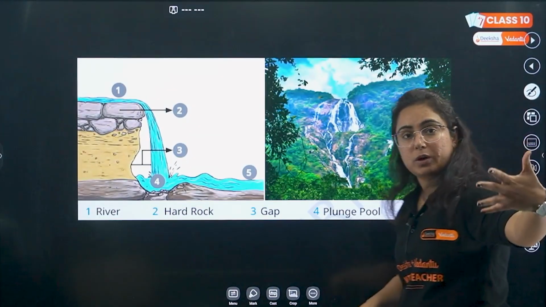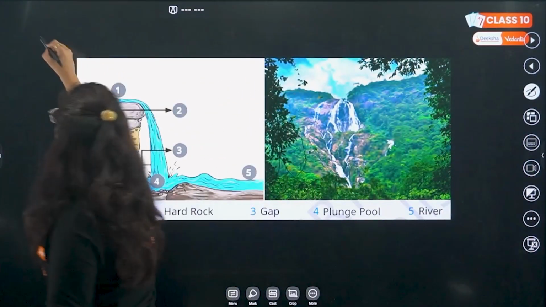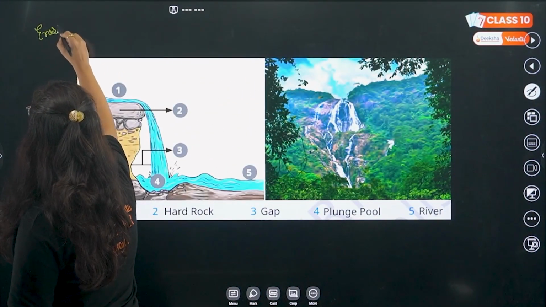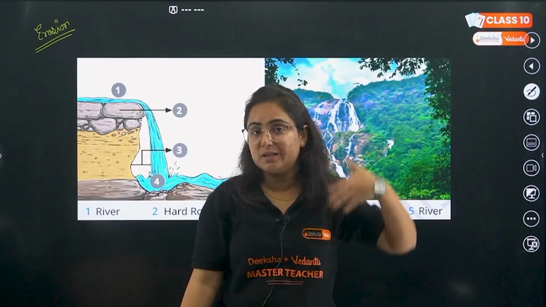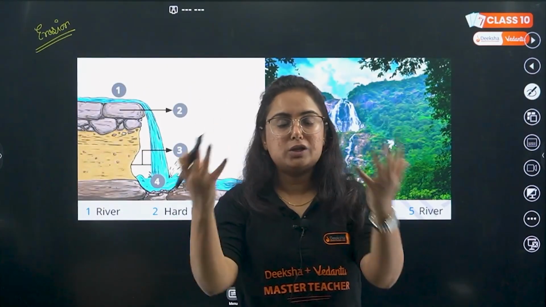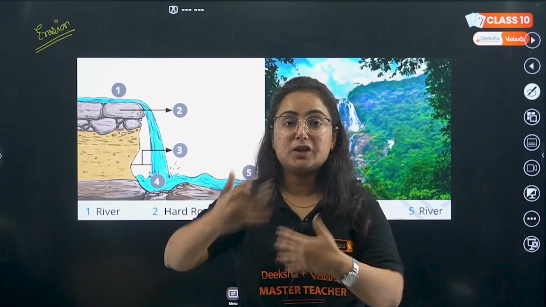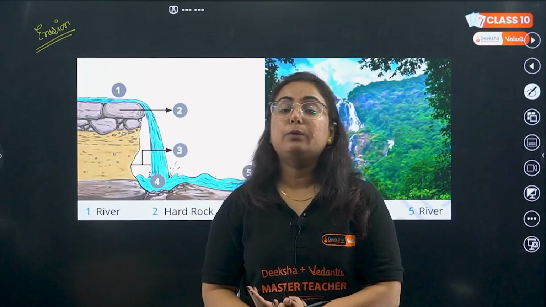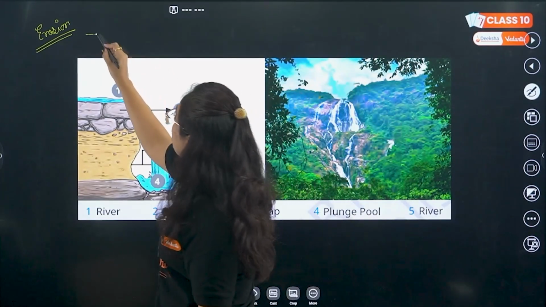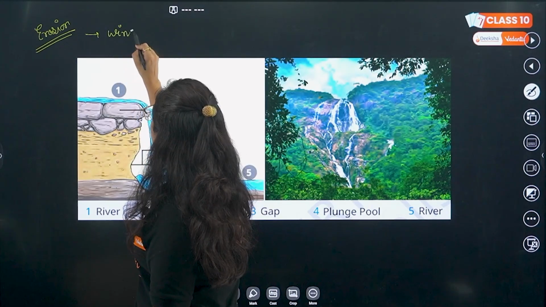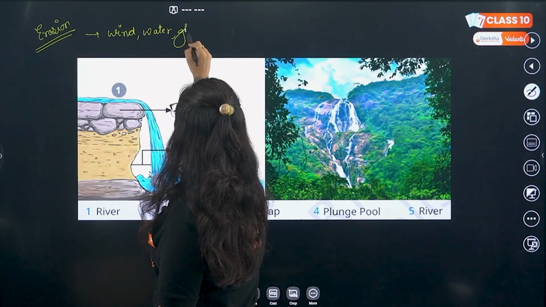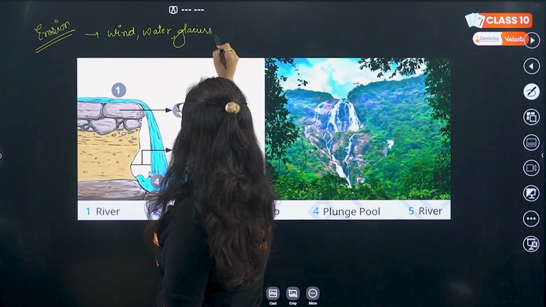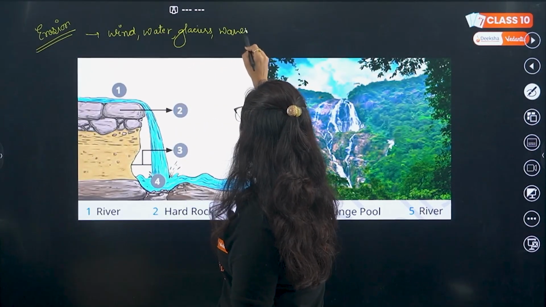Now we have more. We will move towards the second phenomenon, that is erosion. Now what happens in weathering? The rocks break down. Okay, it will further break down due to the natural forces. These natural forces like wind, running water, it can be glaciers, it can be many more like waves, ocean currents.